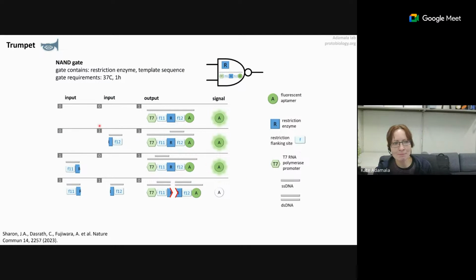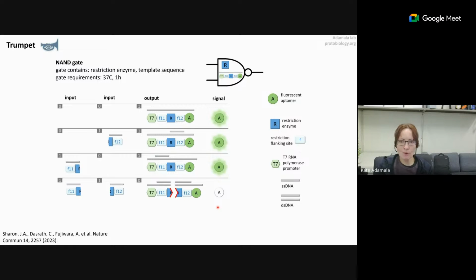So in the absence of inputs, or if there's only one input, you end up with a signal. And in the presence of two inputs, you end up with an output that is 0. In our case, 0 is no fluorescence. And so you basically encoded a NAND gate in a TRUMPET system.